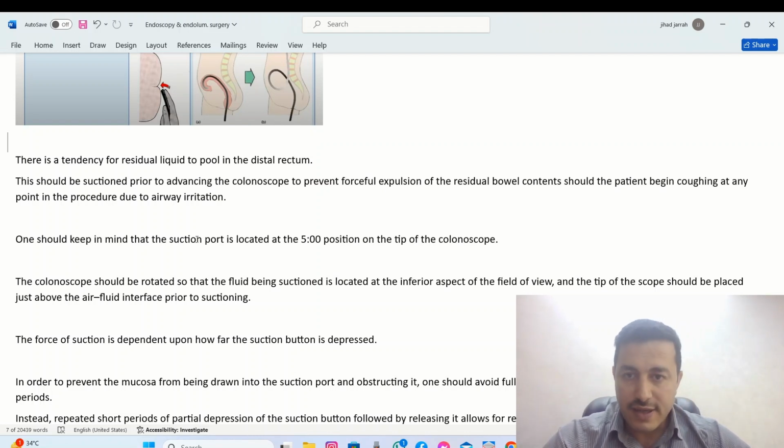so it's better to suction this liquid stool, because while performing the colonoscopy, the patient can cough due to the irritation of the respiratory system when inflating air, for example, and expulsive diarrhea can happen.